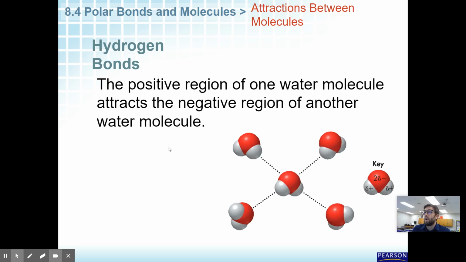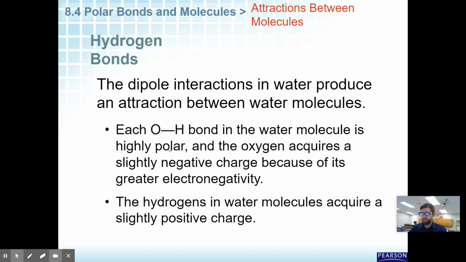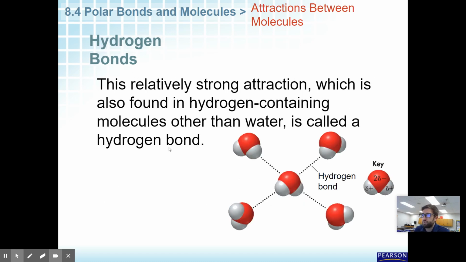A hydrogen bond is a dipole interaction between an H and three elements. You need a connection between a hydrogen, hence the name hydrogen bonding, and one of three elements. One of them is oxygen. If you look at this right here, these are all water molecules. The red one is the oxygen, and the white ones are hydrogen.